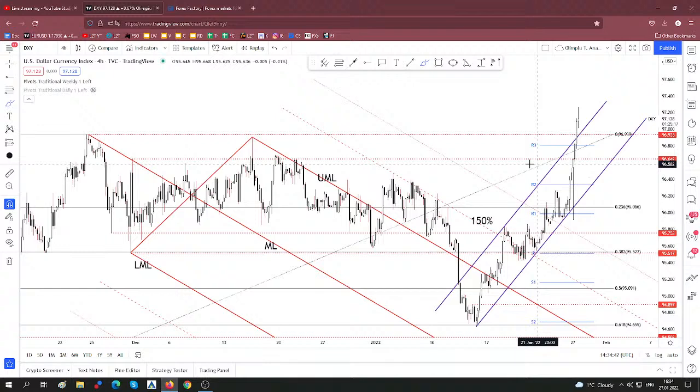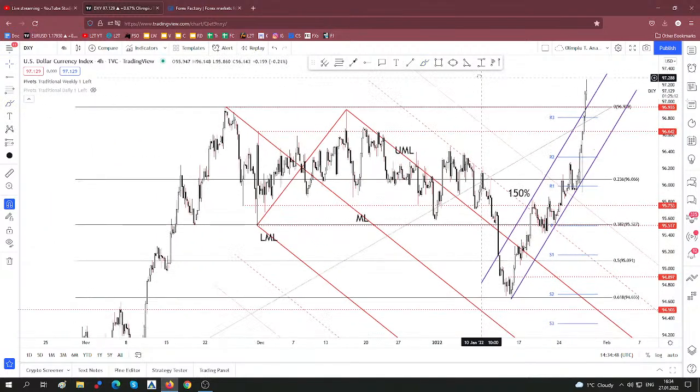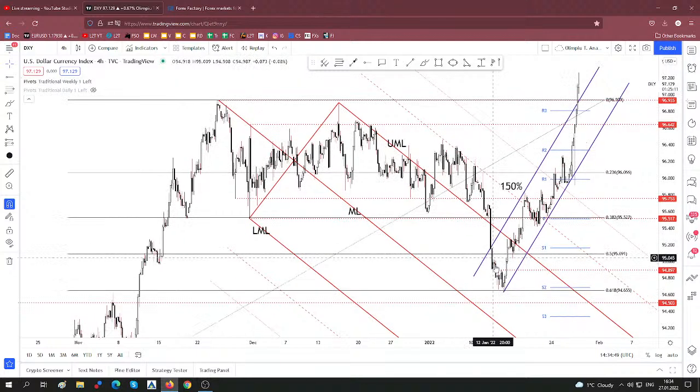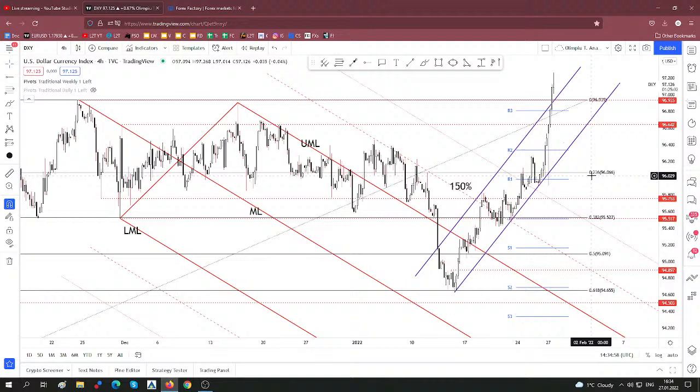So something like this technically here on the dollar index. The correction has found support here at the 61.8 retracement level, 94.65, and right now a strong rally, guys.